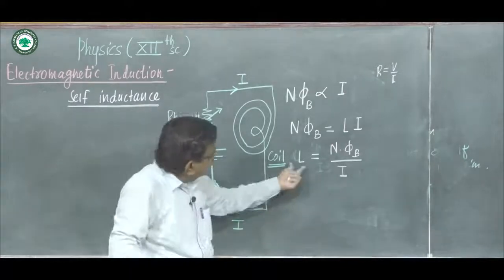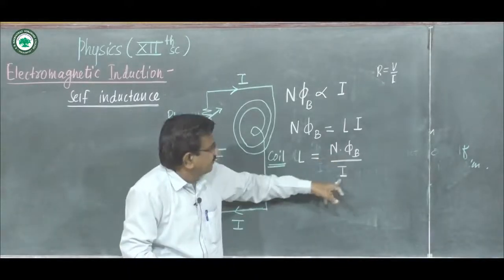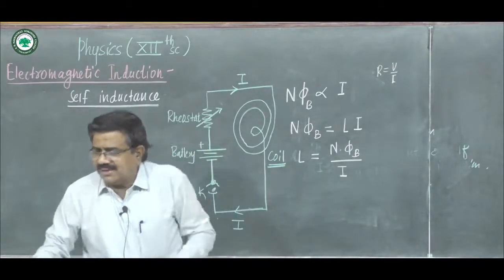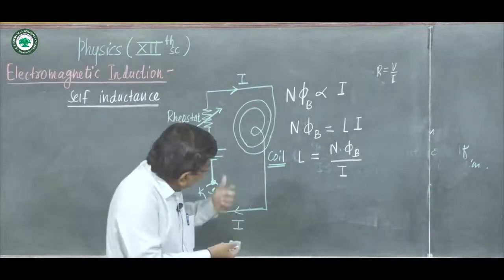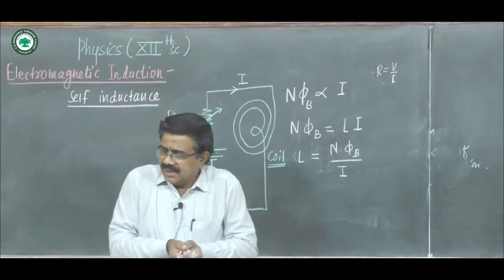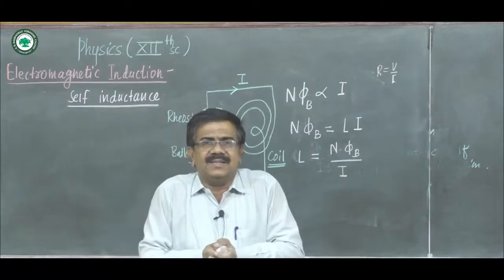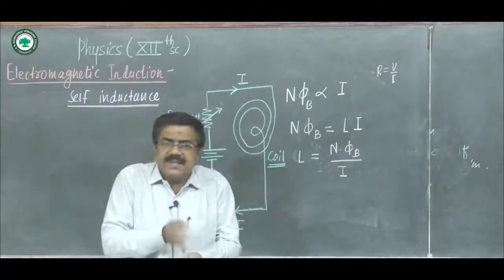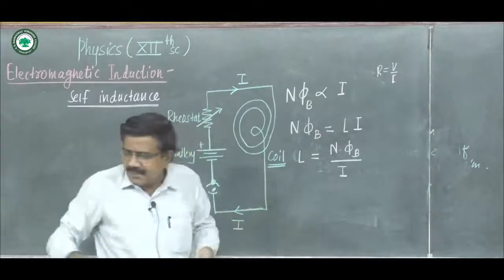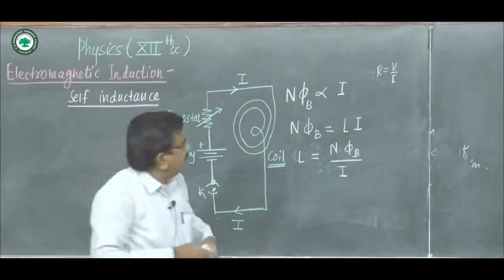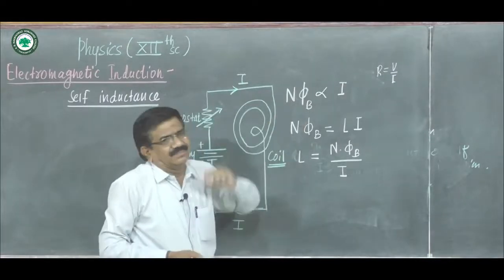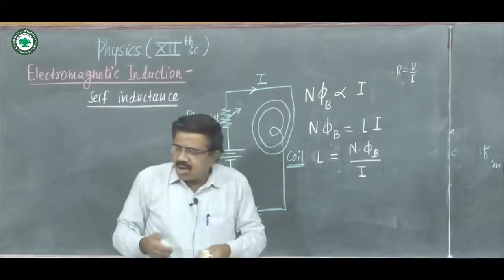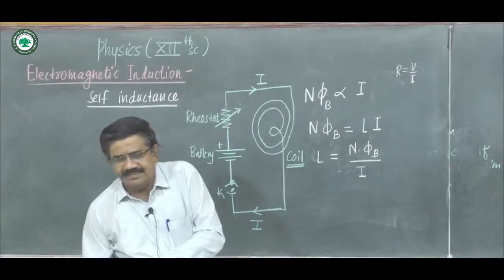Similarly, this L does not depend on these factors, but it depends on number of turns of the coil, shape of the coil, area of the coil, that is, it depends on geometrical properties and material properties of the coil.